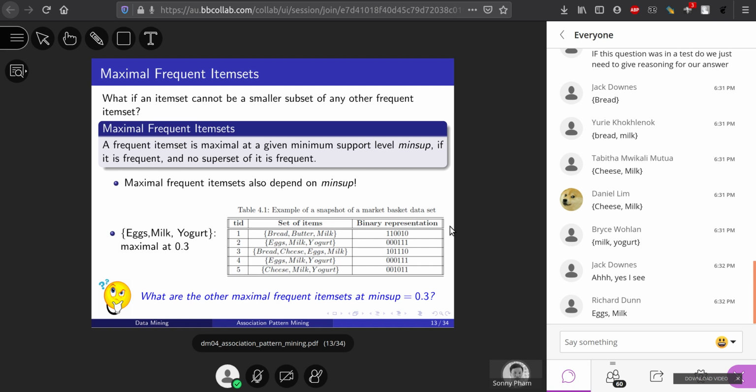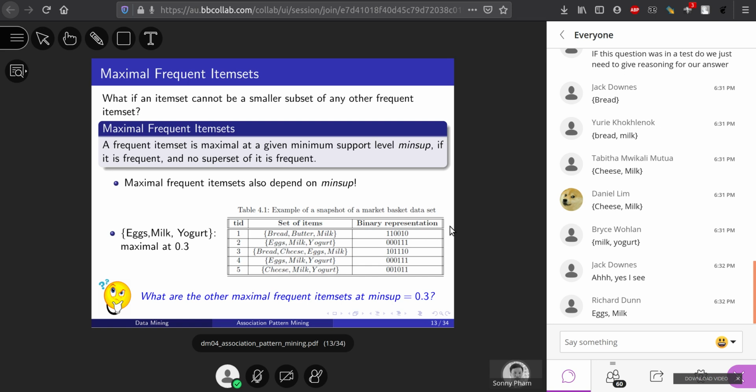All right, I can see some other answer here. Milk and yogurt. You can find milk and yogurt as well. So let me double check. Sorry, milk and yogurt is not maximal. Unfortunately, milk and yogurt is a subset of eggs, milk, and yogurt.